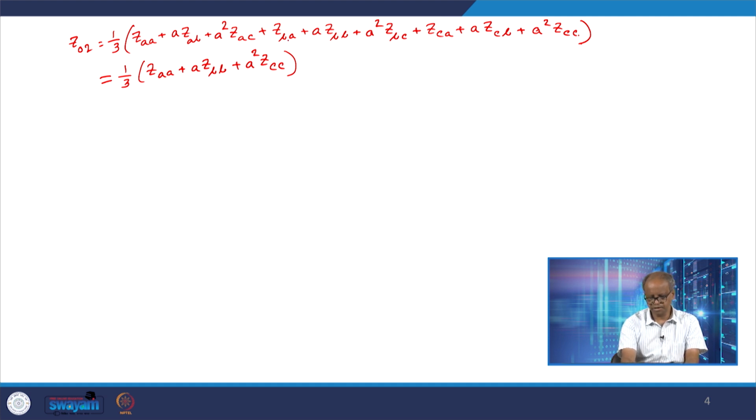So it is also ZAB. A plus 1 is minus A square. So minus 1 by 3 A square ZAB.